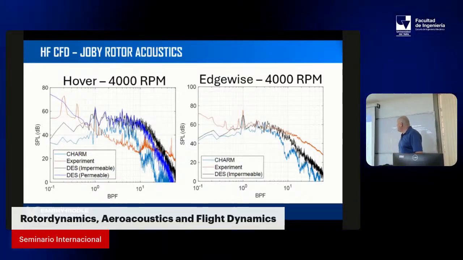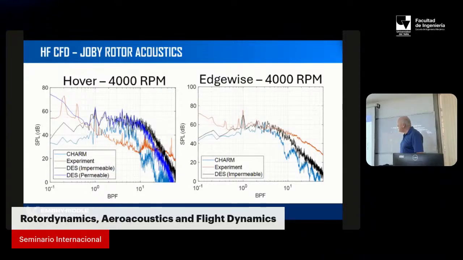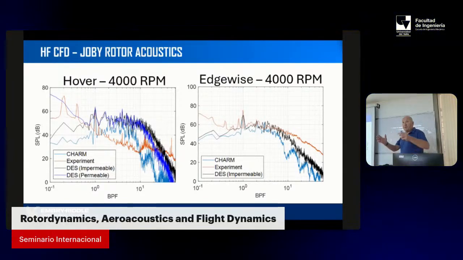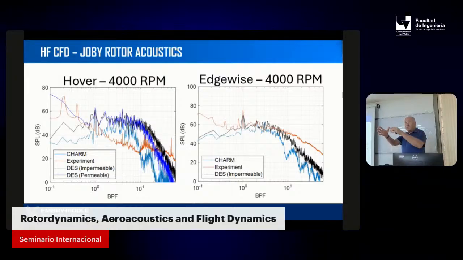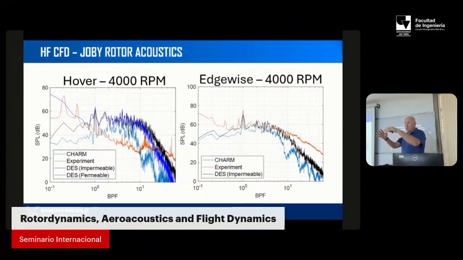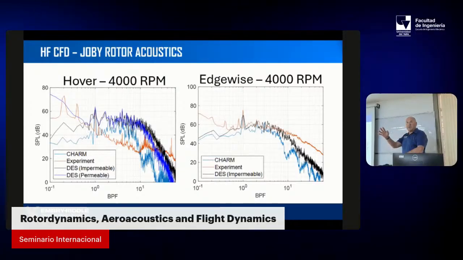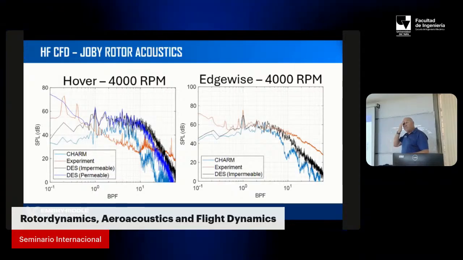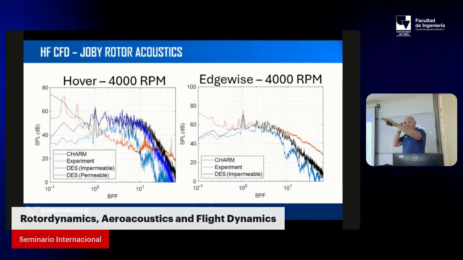So you see, we actually were pretty good with edgewise, and they claim that edgewise is something they can trust. Because you see, there's a lot of recirculation if you have the hover. Basically you're standing in the same position. There's no wind flowing through. So the wake goes down, bounces back, interacts again. So there's a recirculation process, which may happen, of course, when you land.